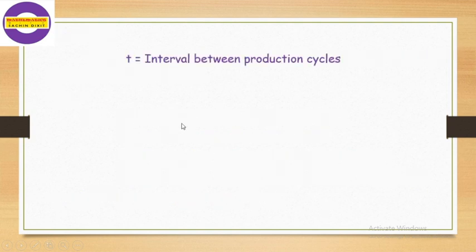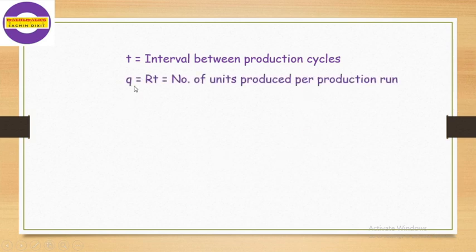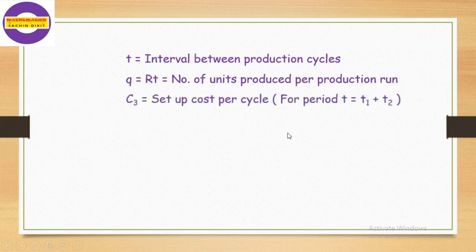Then T is the time interval between production cycles. Then Q is equal to R into T, that is the number of units produced per production run. C3 is the setup cost per cycle. The period T is equal to T1 plus T2.